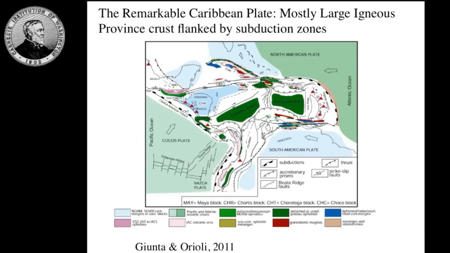This one began about 90 million years ago, and it seems that the geologists are being asked to come up with an explanation of how a plume could form a subduction zone.